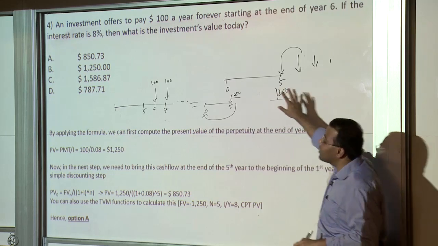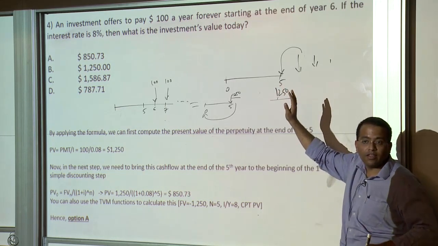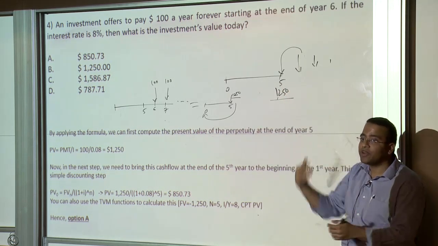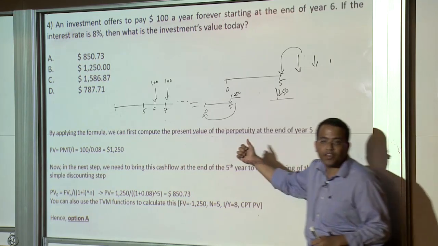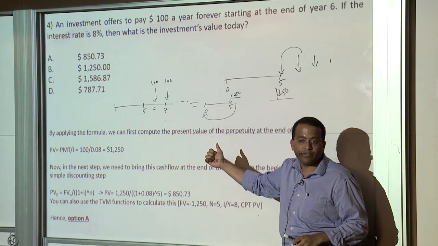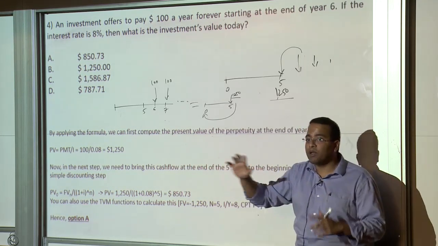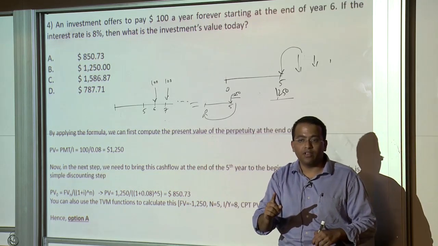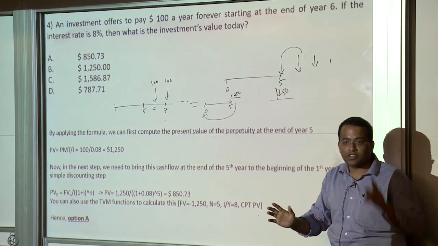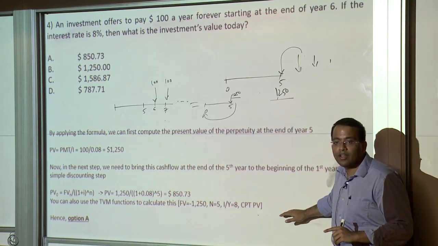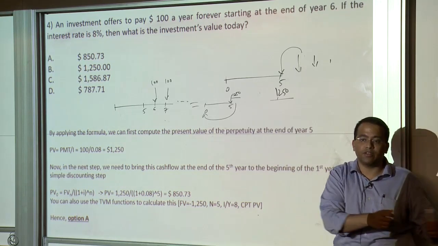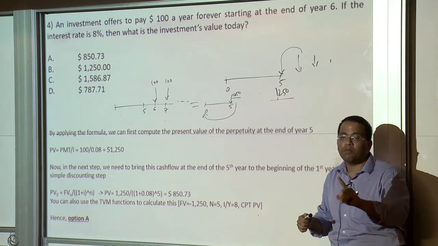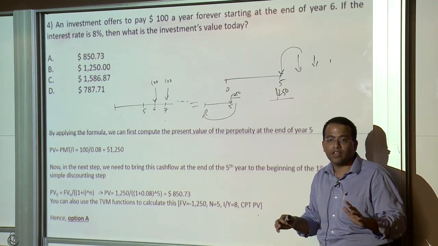There were a set of infinite payments earlier, but we converted that to one number, which was 1250 at the end of year 5. So those infinite payments were the same as getting one payment at year 5. There were no other payments at all, just one payment at year 5, and therefore I just found the present value of that one payment.